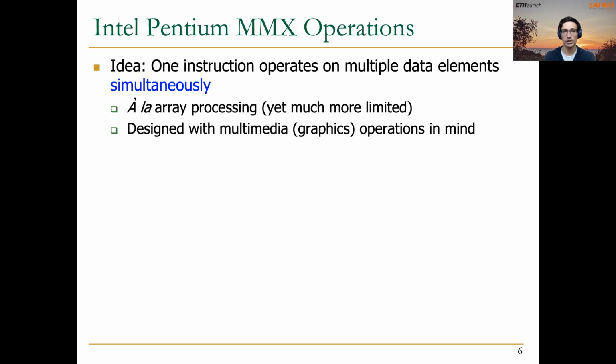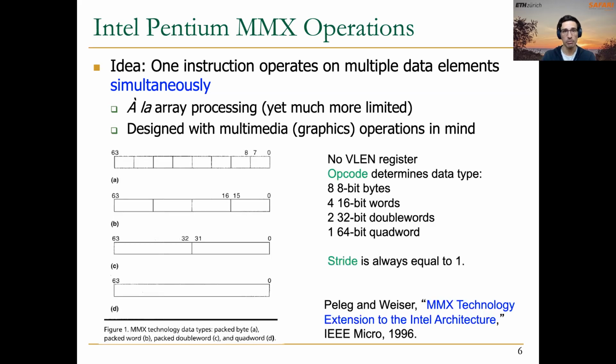The idea is to operate on multimedia graphics workloads in a way that we can take advantage of the existing ALUs by operating on multiple data elements at the same time. And multiple data elements might be 8-bit bytes, or 4 16-bit words, or 2 32-bit double words, or 1 64-bit quad word.